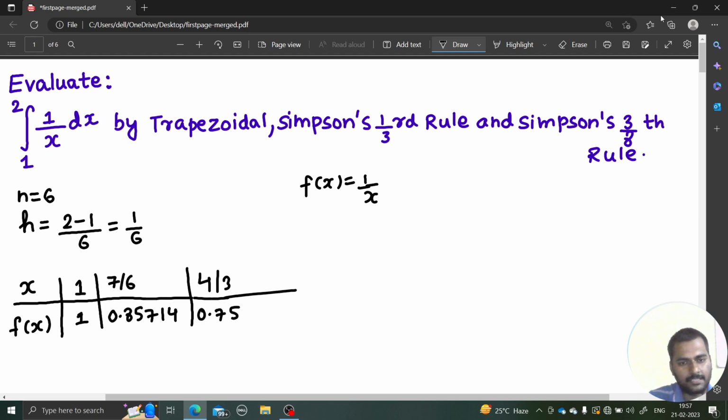Then 8 by 6 plus 1 by 6 is 9 by 6, which is nothing but 3 by 2. So this will be 2 by 3 simply, giving you 0.66.